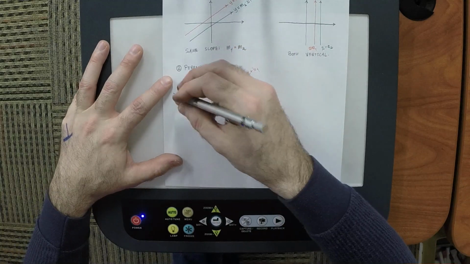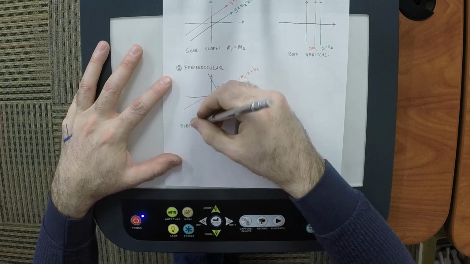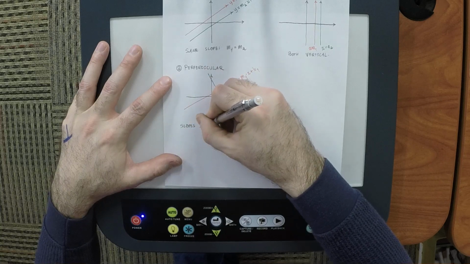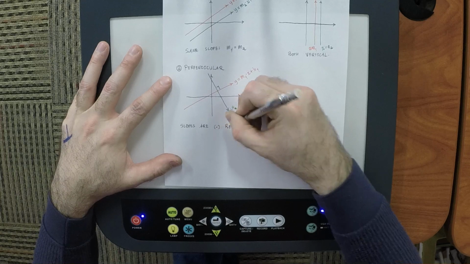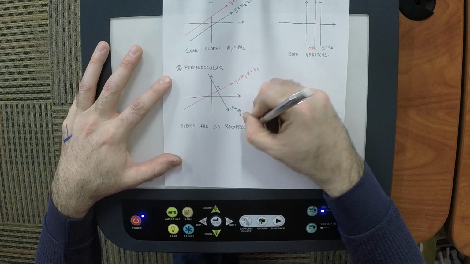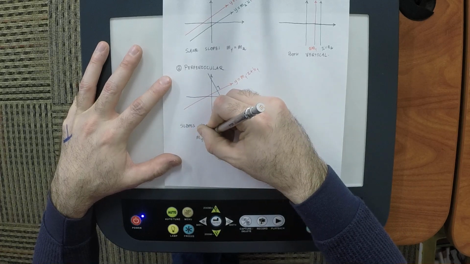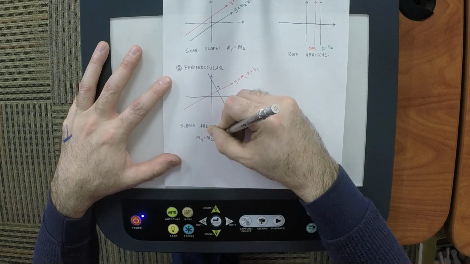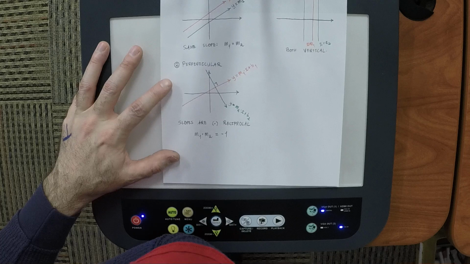So the slopes are negative reciprocals of each other. So that means that if you take the two slopes and you multiply them together, you should get -1. The product of the two slopes is -1.